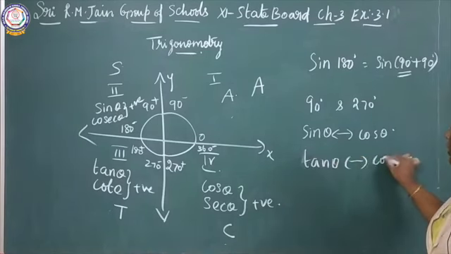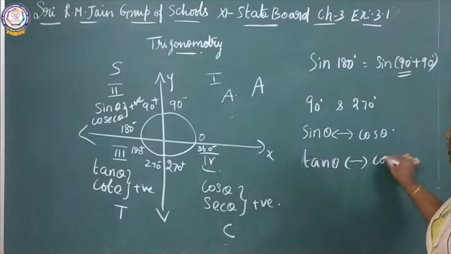This is 0 to 90, this is 90 to 180, this is 180 to 270. Minus 230 degree lies in which quadrant? Second quadrant. Is it clear for you?